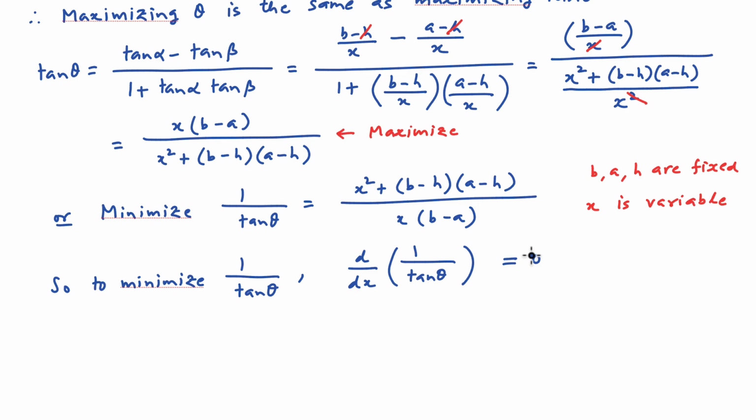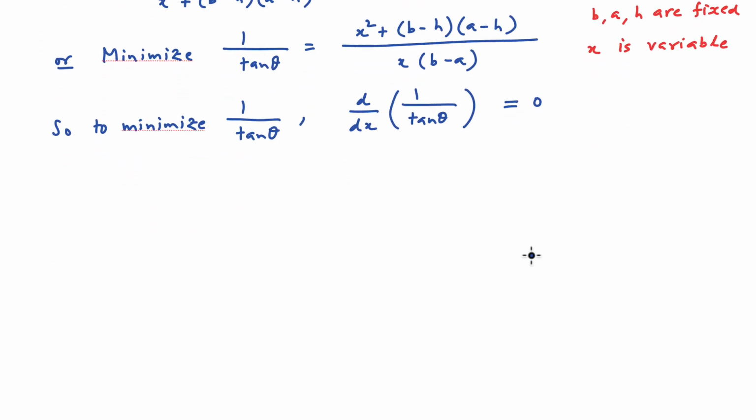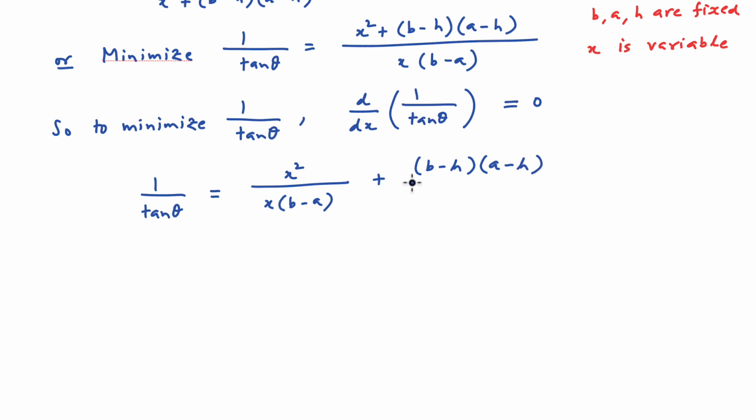Using the above expression for 1 upon tan theta, we get 1 upon tan theta is equal to x squared divided by x times (b minus a) plus (b minus h) times (a minus h) upon (b minus a) times x.